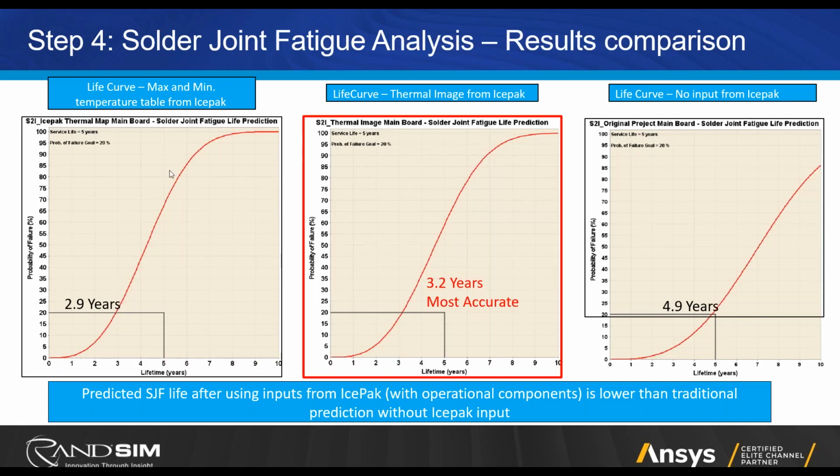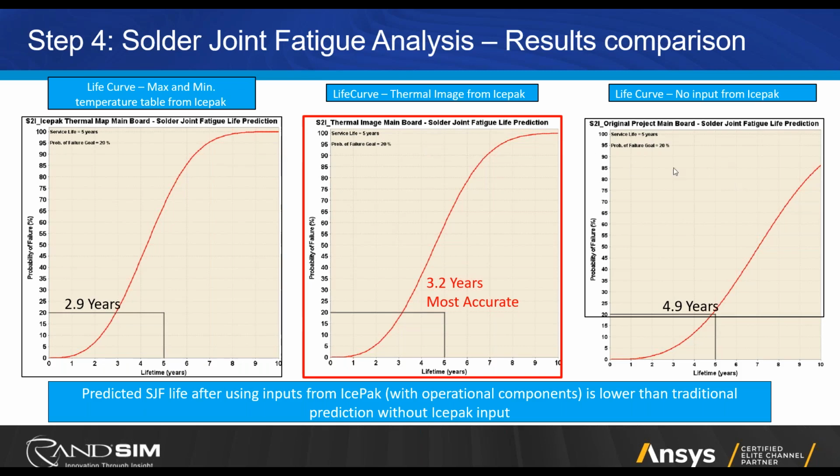From left to right, we have the map on the left showing the failure rate given the mapping of components to just one maximum temperature from IcePak. We have the thermal image, which is showing the gradient across the components and the PCB.